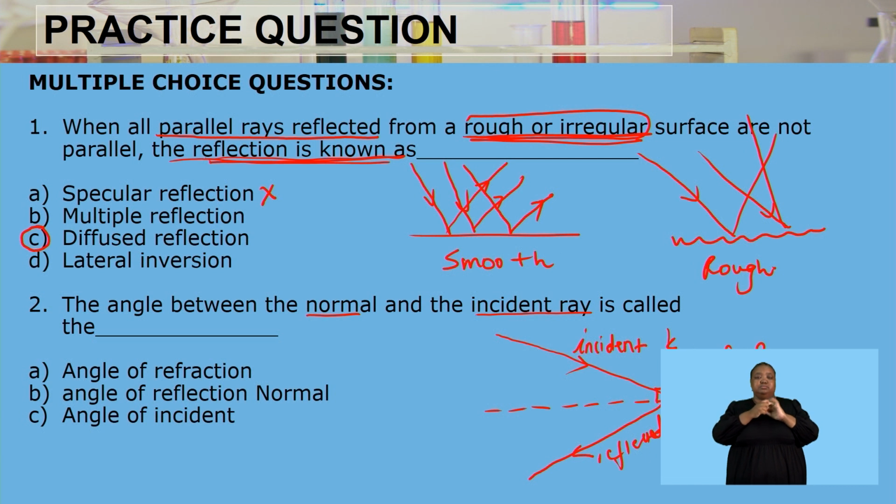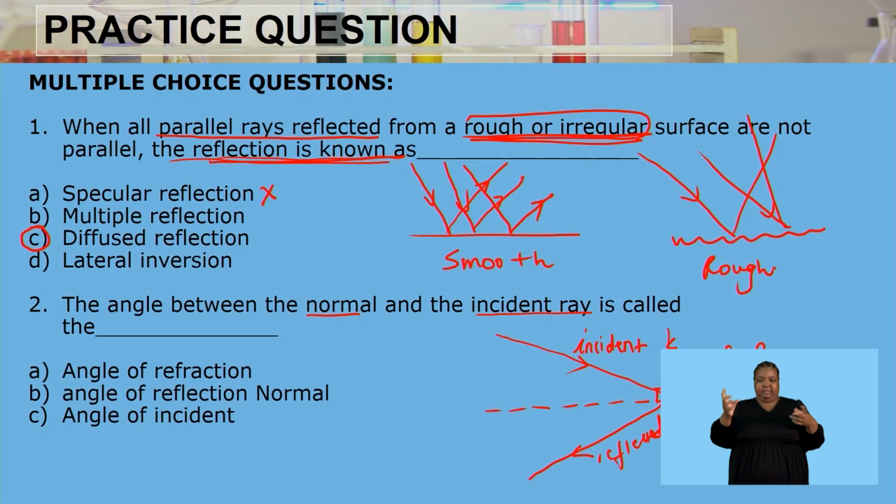Now, the angle between the normal and the incident ray, what do we then call it? So that normal line that is drawn perpendicular to the surface helps us to measure the 2 angles that we find in the ray diagram of reflection. We know that we are finding the incident angle, and we're also finding the reflected angle, or the angle of reflection.